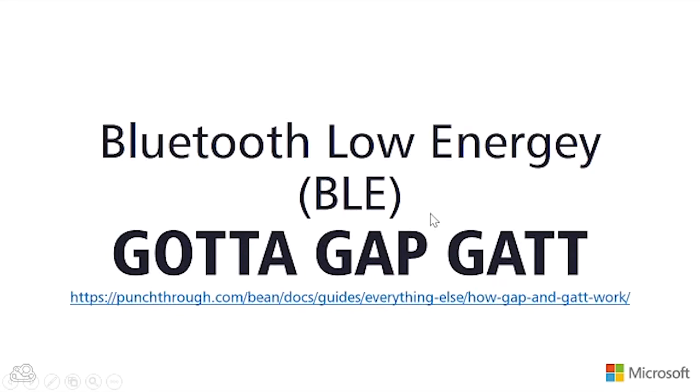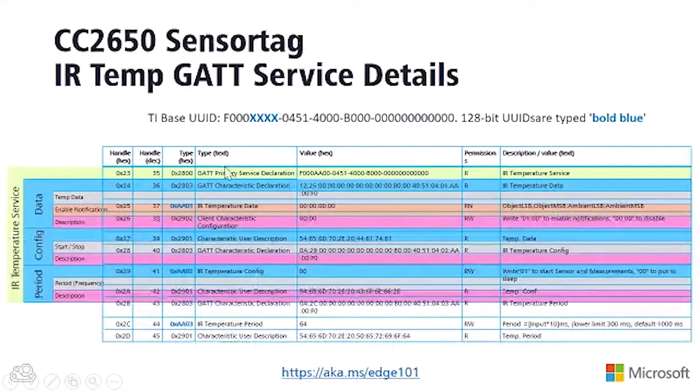This table right here is a representation of the sensor data that comes off of this TI sensor tag. This all came from TI's documentation on these sensor tags. Basically there's a big, long, ugly GUID that represents each service.